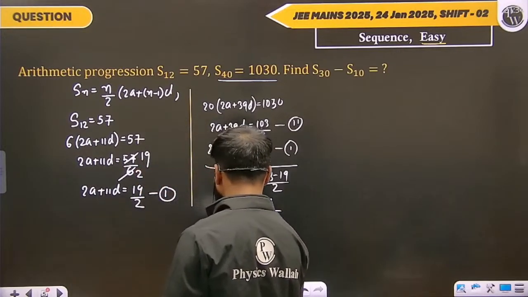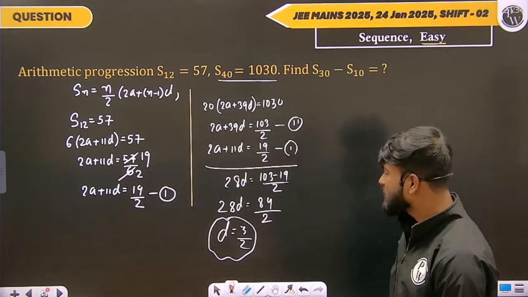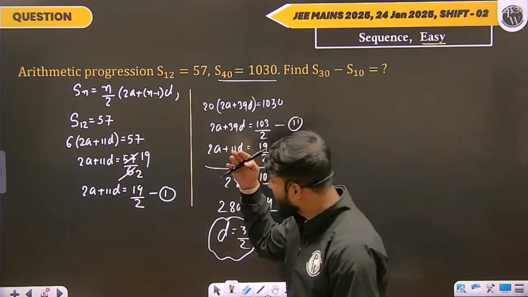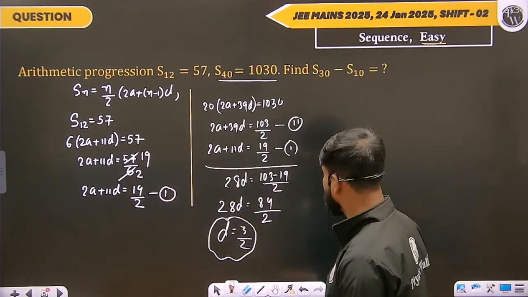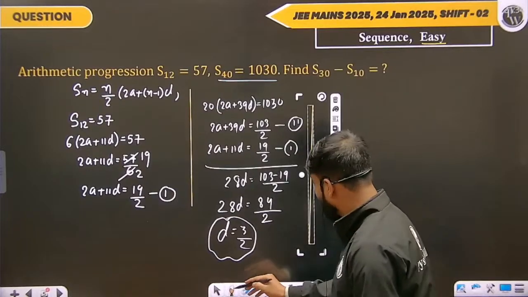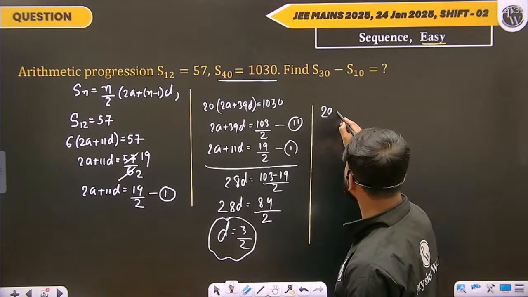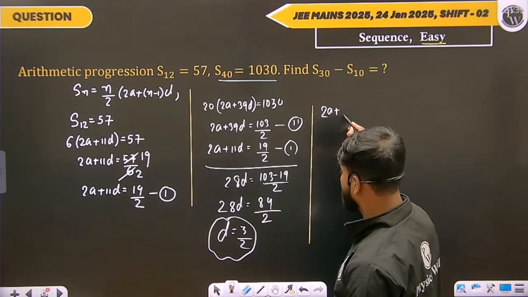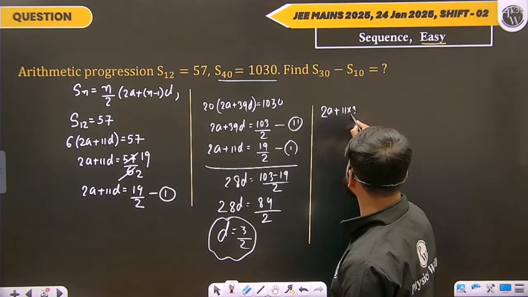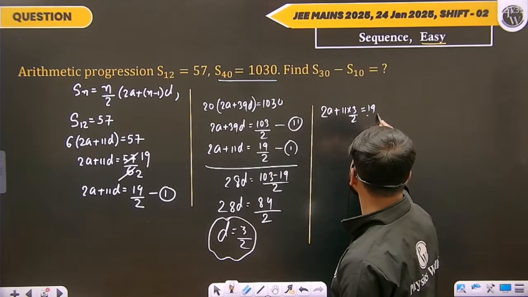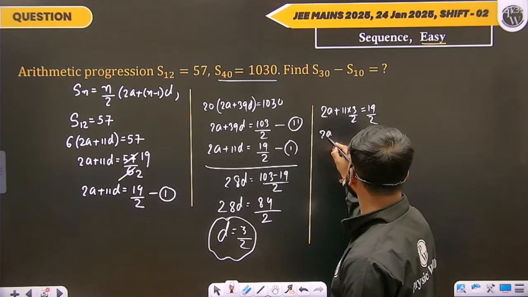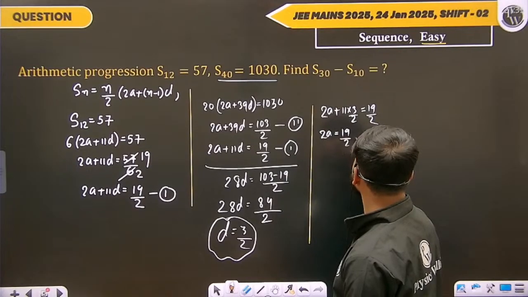Now you can easily calculate the value of a just by putting the value of d in either equation number 1 or equation number 2. Now try to put the value of d in equation number 1. Here your value will be 2a plus 11 times 3 by 2 is 19 upon 2. It is 2a equals 19 upon 2 minus 33 upon 2.